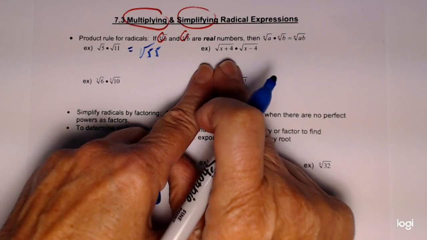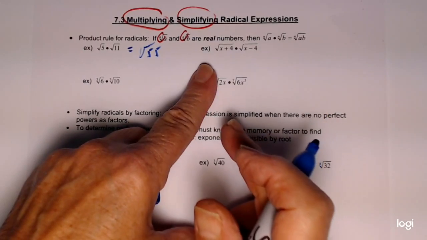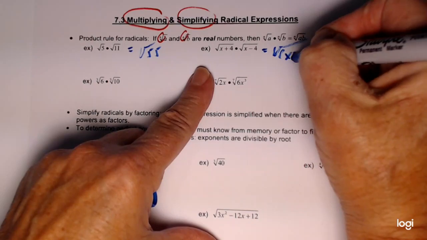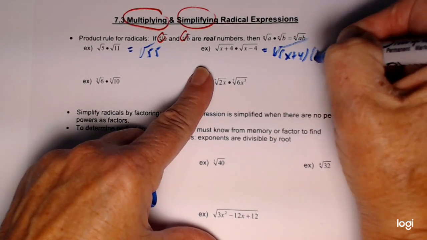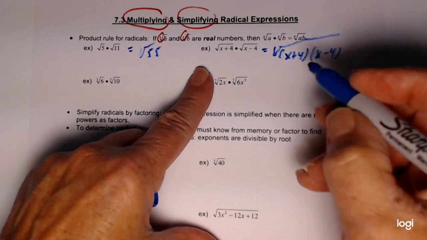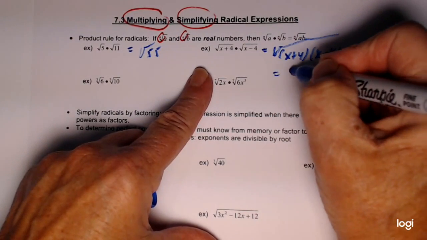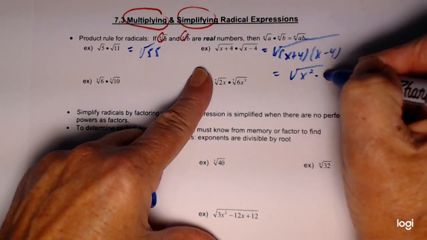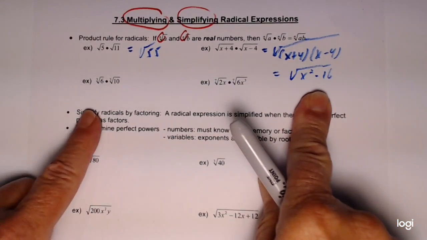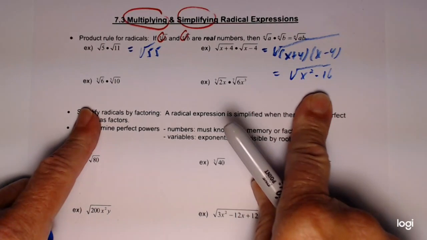And so we can multiply what's underneath the radical here. So this is going to be the square root of x plus 6 times x minus 4. And now we know that we could FOIL this out, and we're going to get x squared minus 16. So this shows the factors, and this shows the end result of the multiplication.